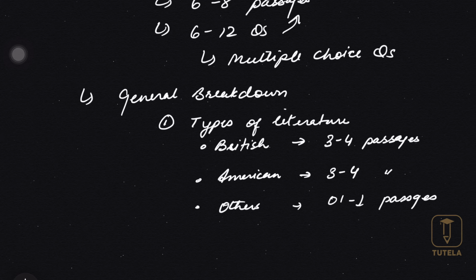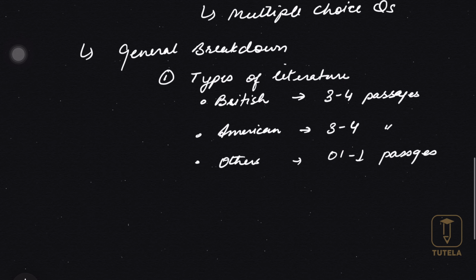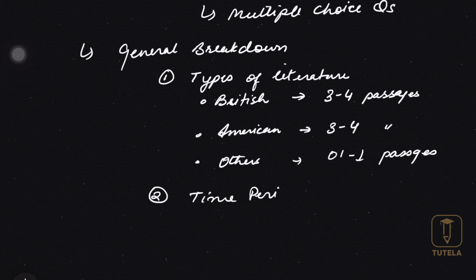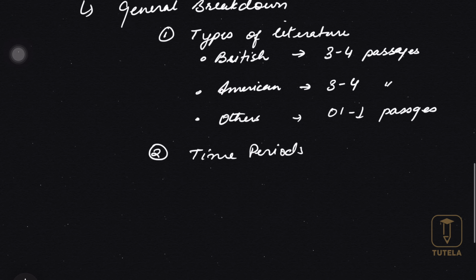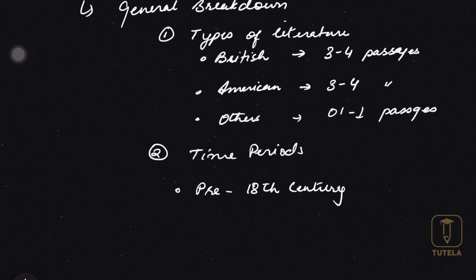You must remember that literature has been produced throughout the ages. So there are different time periods that literature has been divided into. We are not tested in all the time periods, but we will be tested mostly in the pre-18th century period.